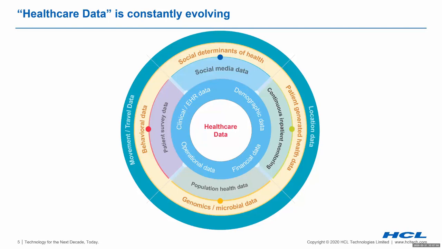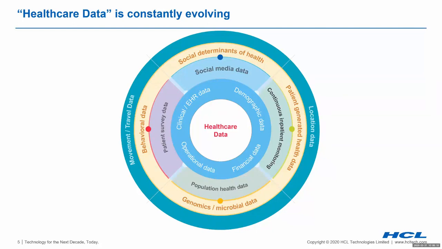As we progressed our march through the digital revolution in the last 3 to 4 years, patient-generated data, genomics, and behavioral data, and more recently, social determinants of health became available more easily and are now part of what we call healthcare data even before we knew that happened.